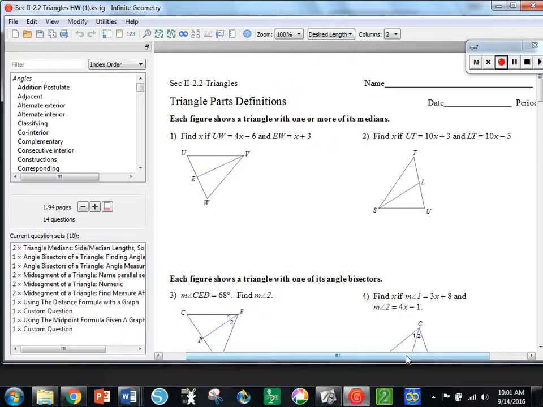X plus 3 equals the whole, which is 4x minus 6. Is that okay for number 1? We double the half instead of equals the whole. So we would get 2x plus 6 equals 4x minus 6. And then you would do a lot of algebra and you would get x equals something, right? Is that okay? And then skip that, do a lot of algebra steps.